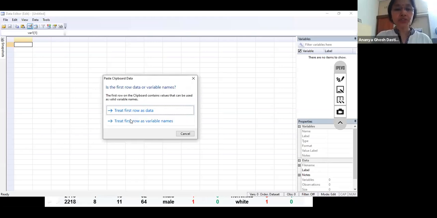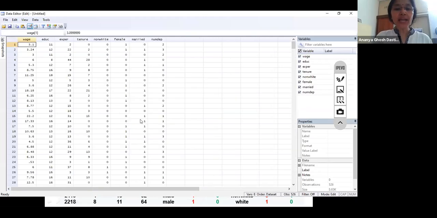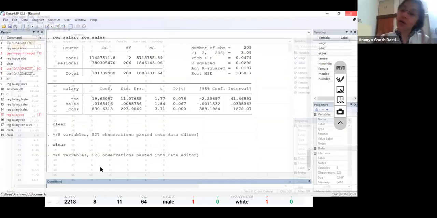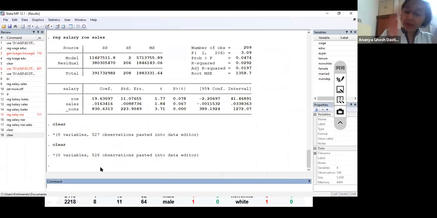Treat first row as variable names. Yes, sorry, I had a mistake. When I told it to treat first row as variable names, it has now given the data. Okay. So I have now closed the editor. So now I have actually pasted the data from Excel to Stata in the Stata data editor.